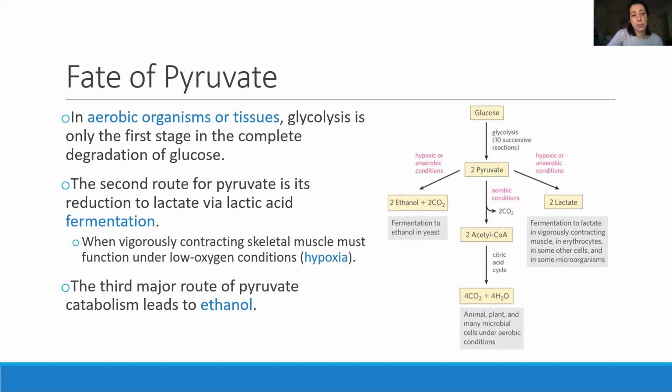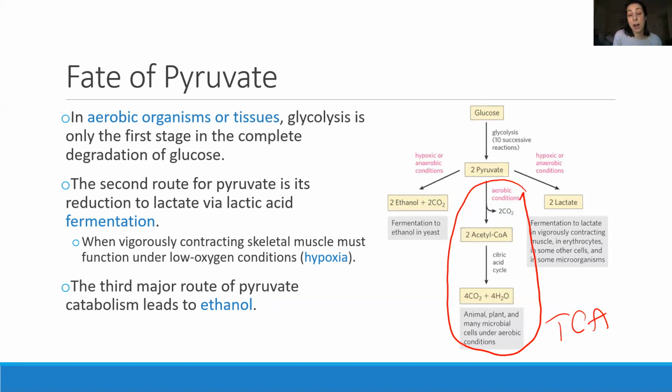One of those reactions we're going to be talking a lot about eventually is going into the citric acid, or TCA, tricarboxylic acid cycle. This is one reaction that many mammalian organisms, or just in general, many organisms use, the citric acid cycle.